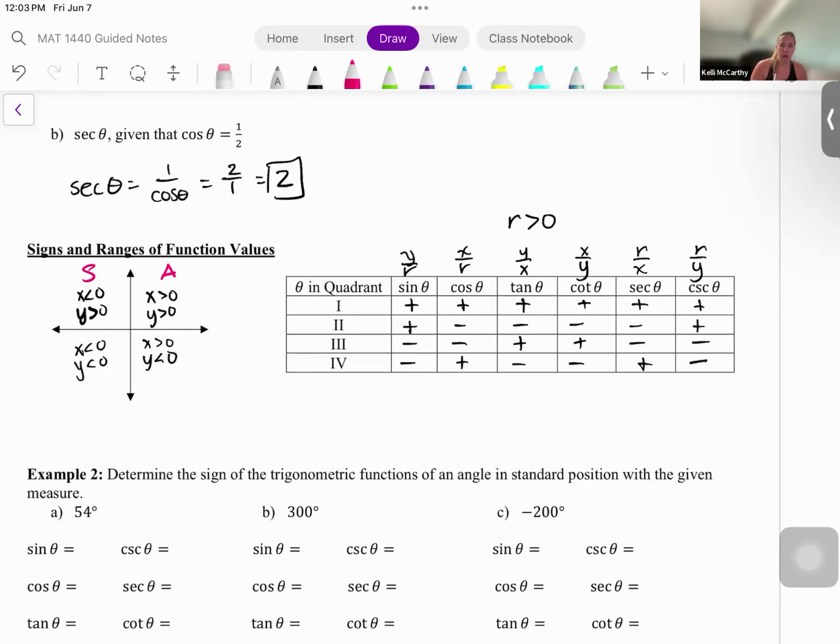In our third quadrant, the only ones that were positive were tangent and cotangent. And in quadrant 4, only cosine and the reciprocal of cosine, secant, were positive. So ASTC, going through our quadrants as they are numbered 1, 2, 3, 4, will tell us which of our trig functions are positive in those quadrants. That might be a helpful tool for you as we continue on.